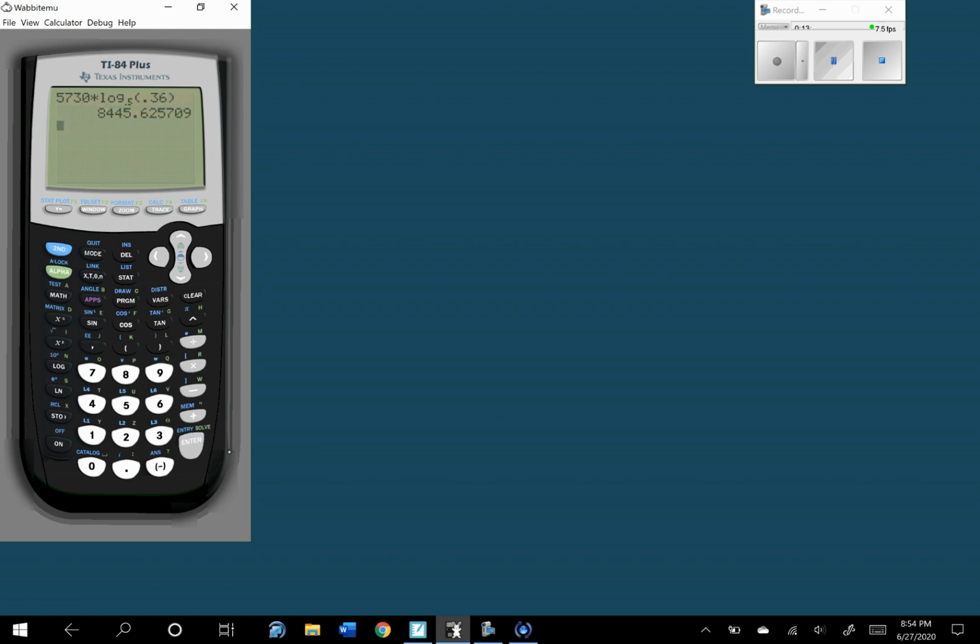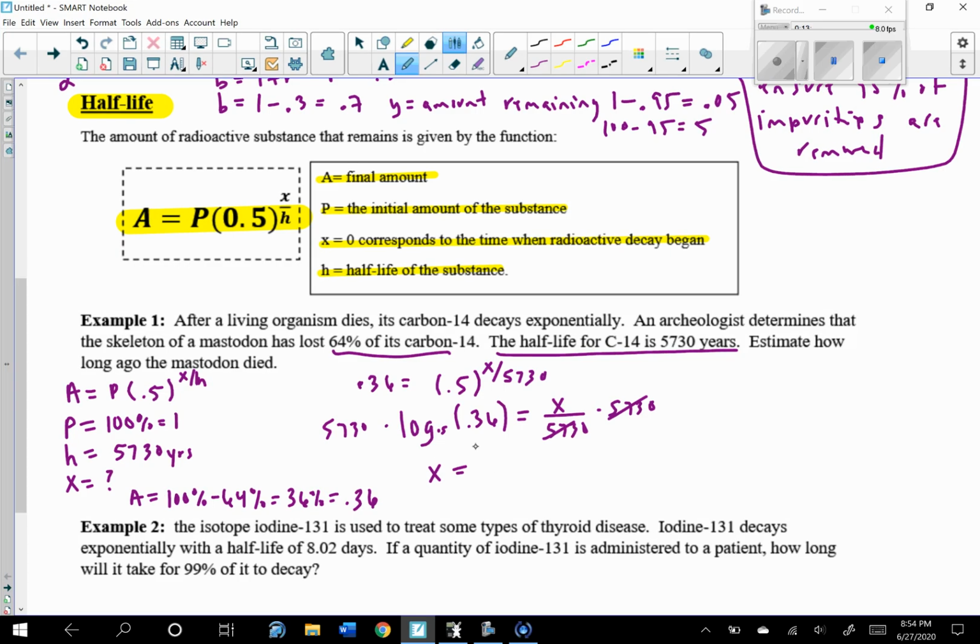So we get 8,445.6 years ago. Let's go ahead and round it to 2 decimals, so 8,445.63 years ago. So that's how long ago the mastodon died.